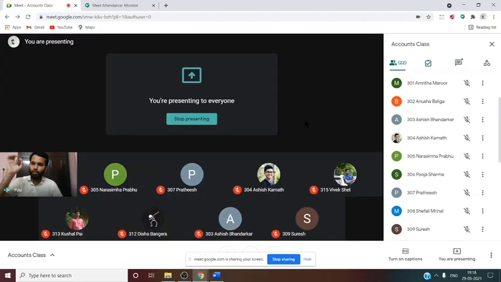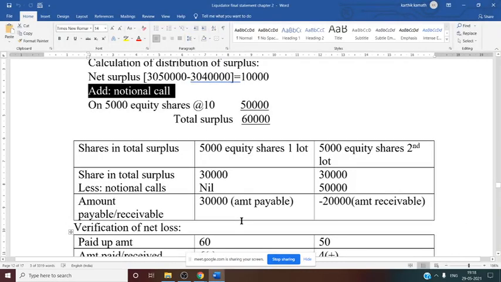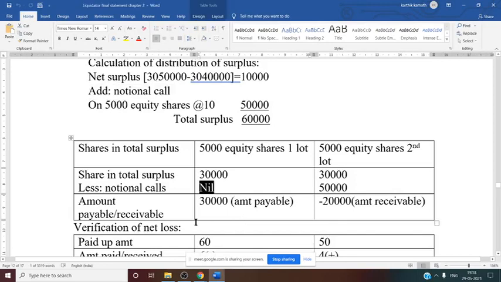You have to remember for what purpose we made the notional call: in this problem we made it for the lesser paid up value share, so we have to deduct the amount from the lesser paid up value share. So less notional call for the maximum paid up value share is nil, because it is already the maximum 60 rupees paid up value. But in the case of the second share, it is 50 rupees.